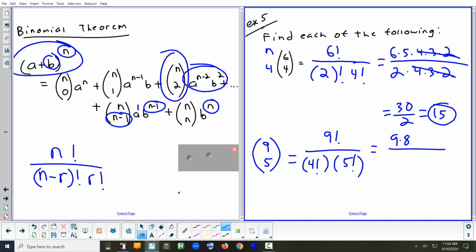9 times 8 times 7 times 6 times 5, 4, 3, 2 is going to cancel with that 5, 4, 3, 2. You might be left with 4, 3, 2 at the bottom. 4, 3, 2. Now, because we're talking about binomial coefficients, you can't get decimals. Everything in the bottom has to cancel with everything in the top when you're done. So what could I cancel the 4 into? 8, how many times?